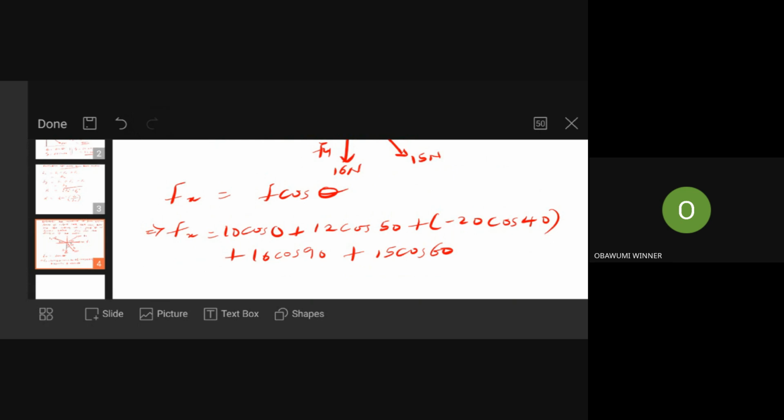The next thing will be to add up everything here. Now 10 cos 0. Cos 0 will simply give me 1. 1 times 10 will give me 10. I put my plus sign. Now someone should help me. What is 12 cosine 50?